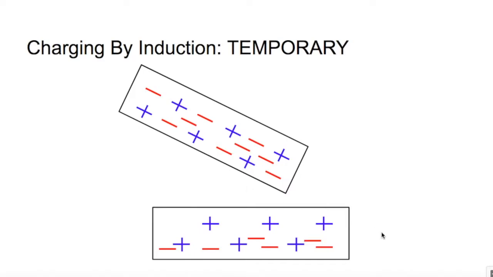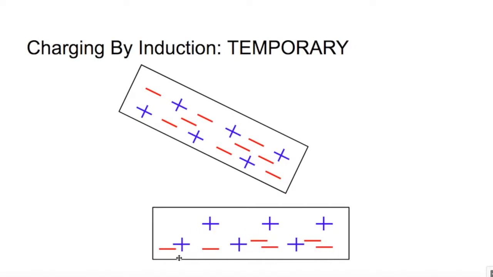Now, just to be absolutely clear on this, this is still a neutral object. It's still got the same number of positives as negative charges. So this is neutral. But what's really interesting here is that because these negative charges have shifted away from one edge of this object, you can see we've got a clumping or a gathering of negative charges on one side.